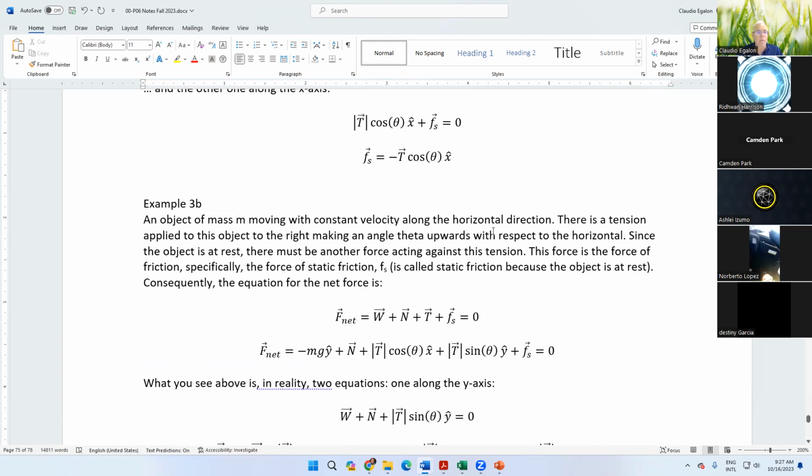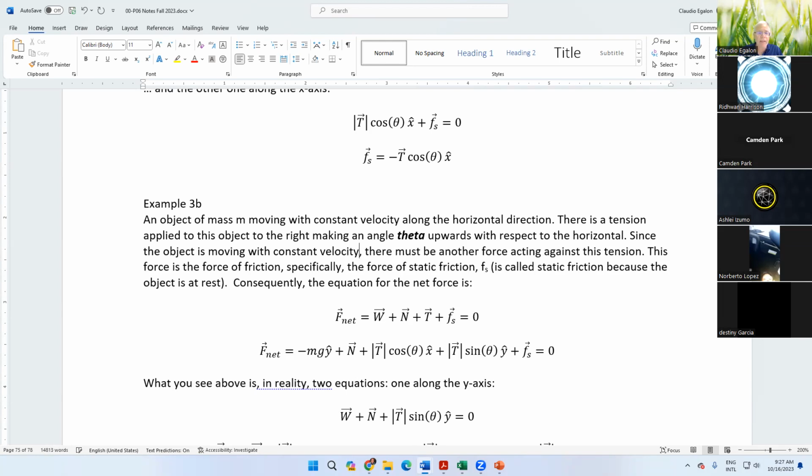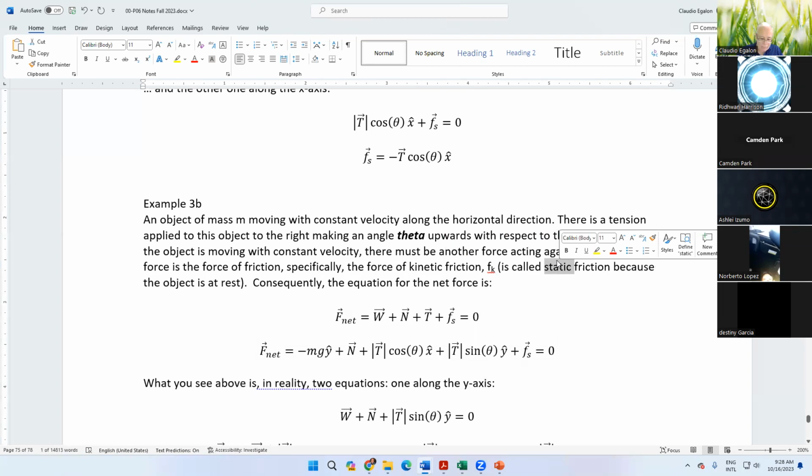There's a tension applied to this object to the right, but now we have an angle theta upwards with respect to the horizontal. Since the object is moving with constant velocity, there must be another force acting against this tension. This force is the force of friction, specifically the force of kinetic friction, or F sub k. It's called kinetic friction because the object is moving.